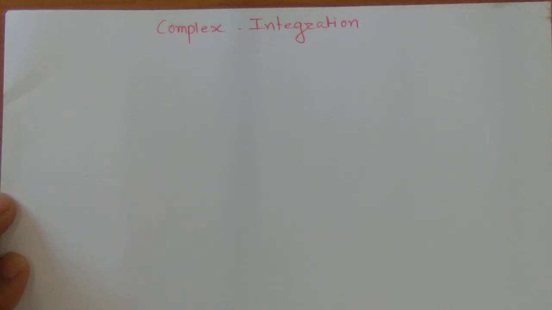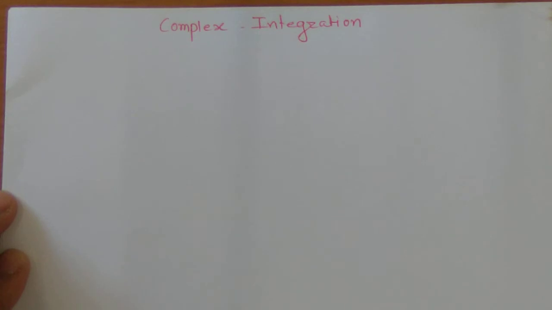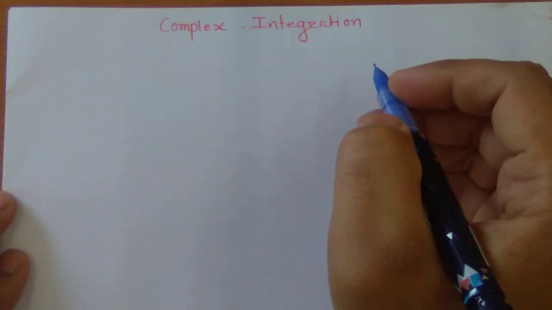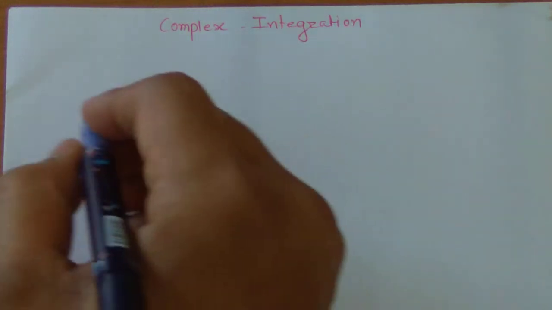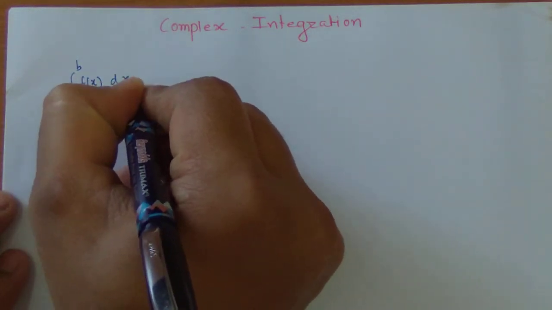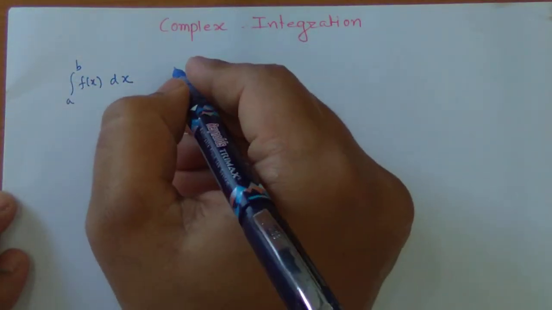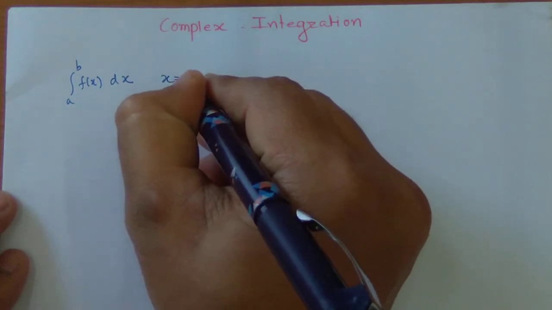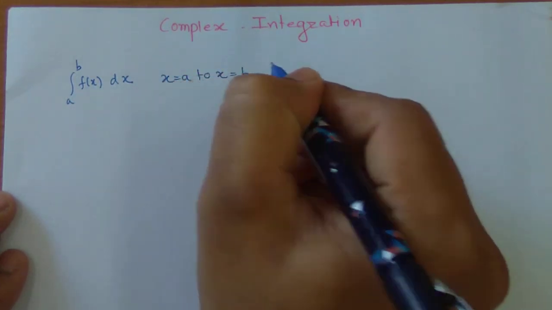for functions of a complex variable, we may depend upon the path of integration in the complex plane. Since we are working on a plane, we are going to deal with the path along which the integration is expected. Okay, so what is a path? In case of a real variable, the path of integration of a to b f of x dx is always along the real axis from x equal to a to x equal to b.